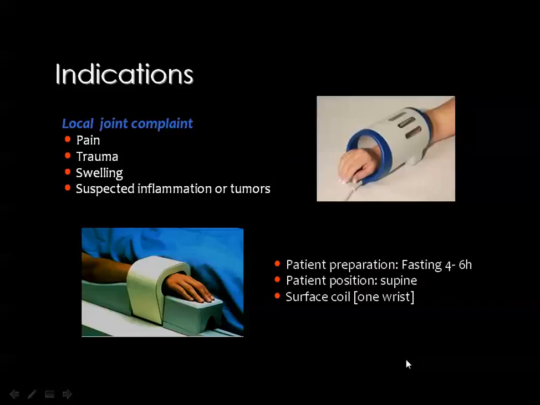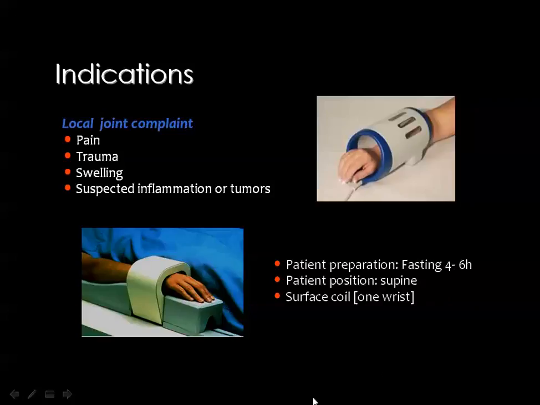And sometimes whenever you are going to inject the patient with contrast media, or if you will give him some sedation, you may instruct him to fast about 6 hours if he is an adult, or 4 hours for the pediatric patients.